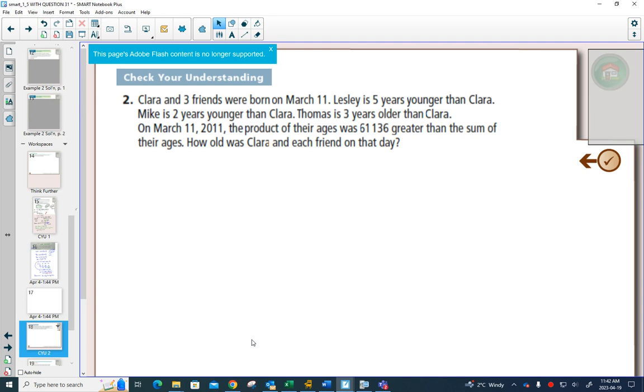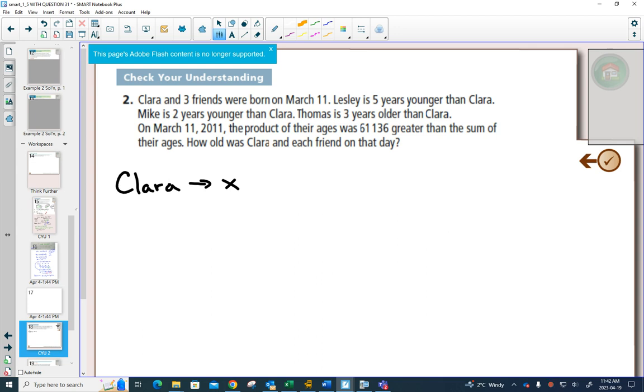No. Okay, so what does this question do for us, though, is it practices writing an equation all with one variable. Choosing a variable for something. We want to find out how old Clara is, so we don't know, so we say, well, let's say she's X years old.